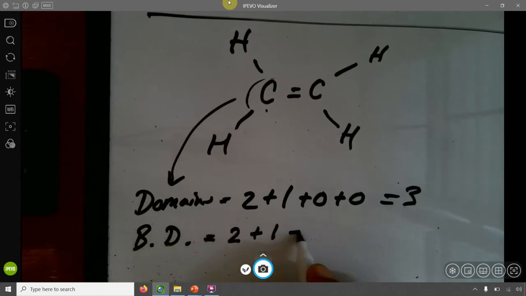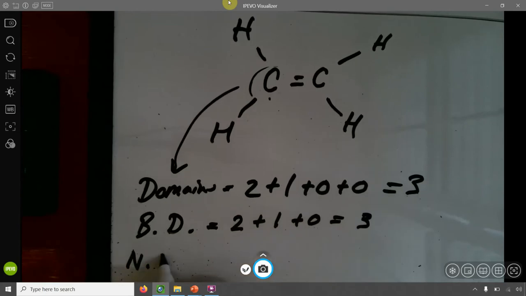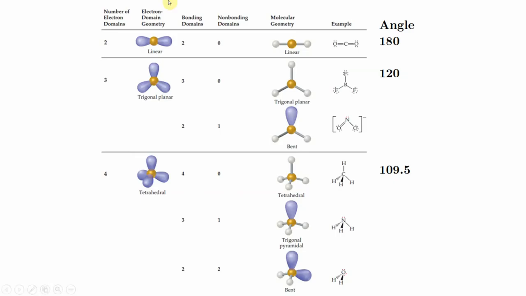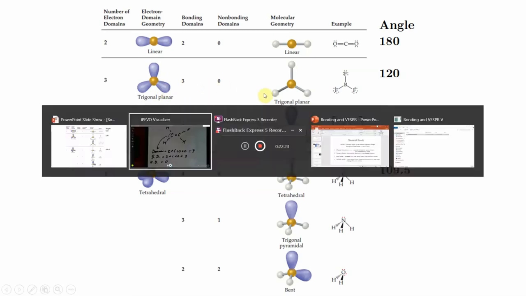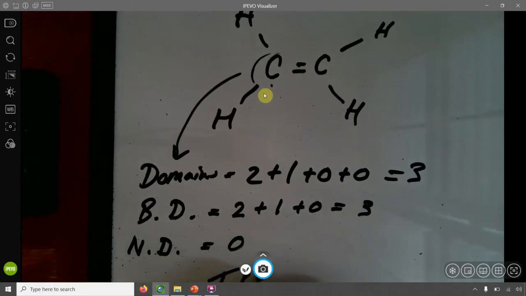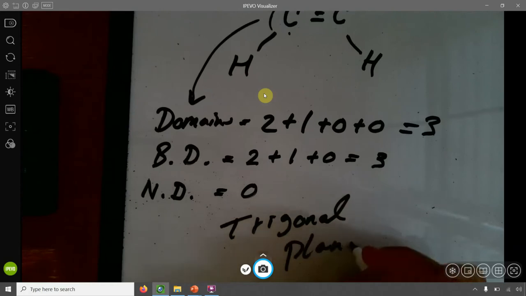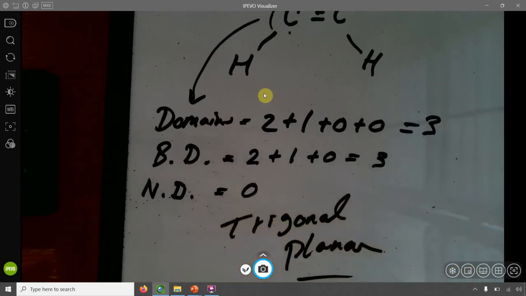Number of double bonds, 1. Number of triple bonds, 0. And non-bonding domains, 0. I have nothing. So I go look at the table for 3 and 0. 3 and 0 is trigonal planar. So it's going to be trigonal planar. Okay, that's it. That's great.